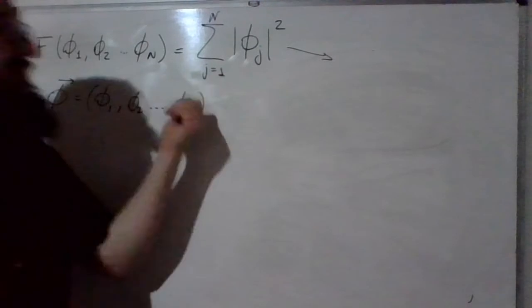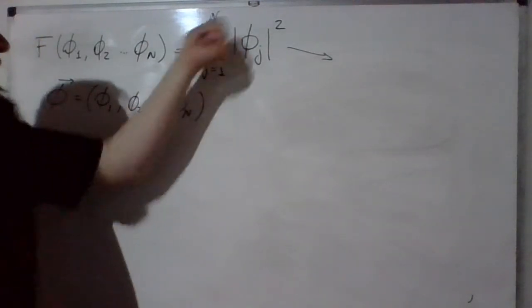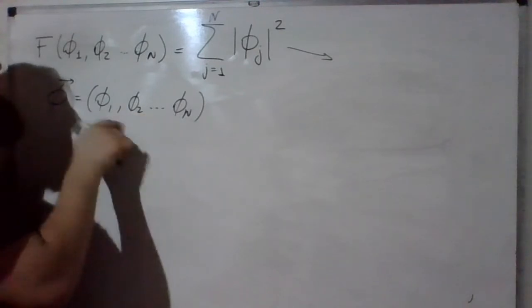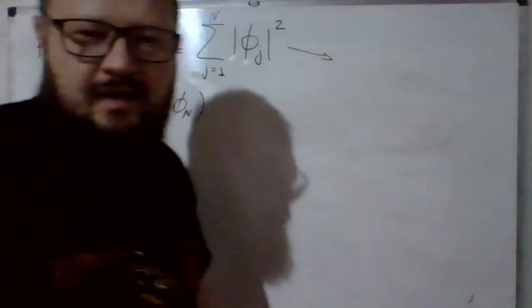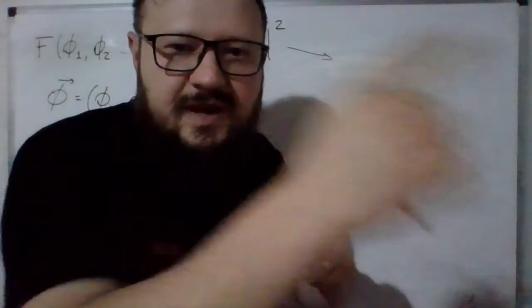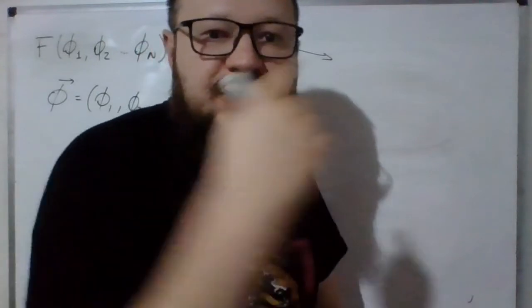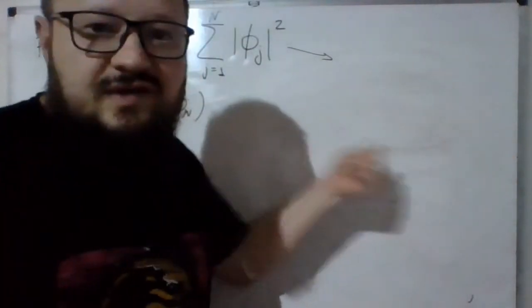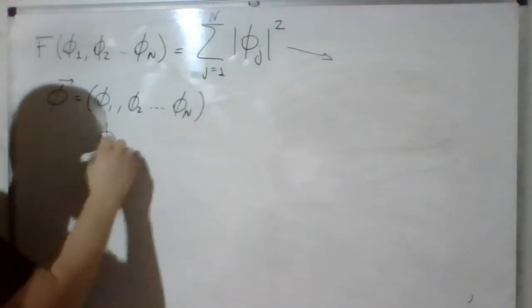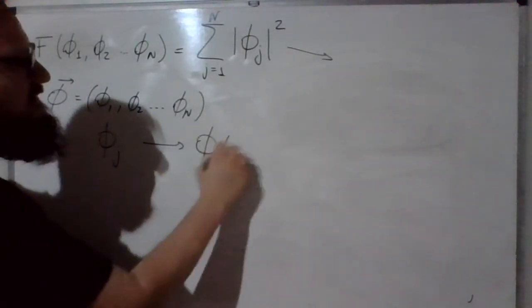But I will take the limit of n going to infinity, and between two of these numbers I insert more and more numbers, until I reach a point where j must be replaced by a continuous parameter, a continuous index. In this case phi j becomes phi of alpha.